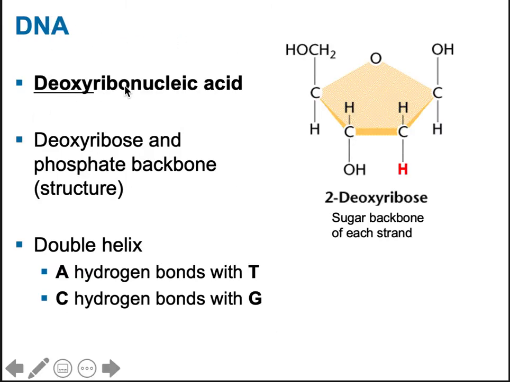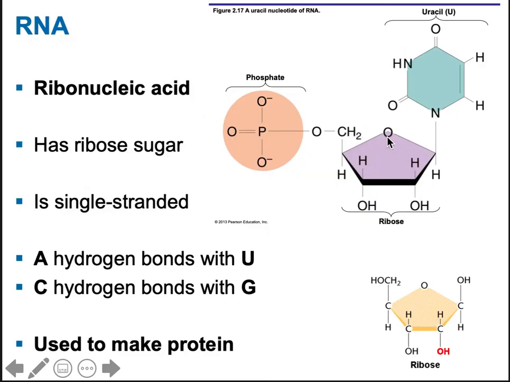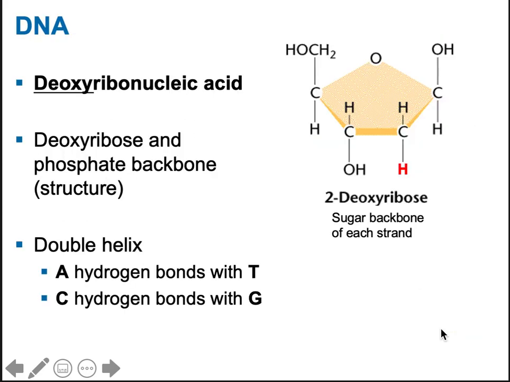As I mentioned, DNA has the sugar called deoxyribose, and deoxyribose has one less oxygen. D, less, oxy, oxygen, ribose, sugar. If you look at RNA, just skip ahead for a second. If you look at the RNA sugar, which we see right here, it's a ribose sugar, and it has the oxygen here on the second carbon, okay? So let's go back to DNA real quick. You start from the oxygen, you go to the right, you count 1 and 2 carbons.